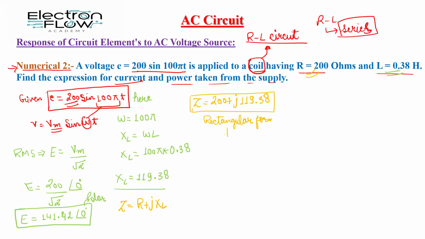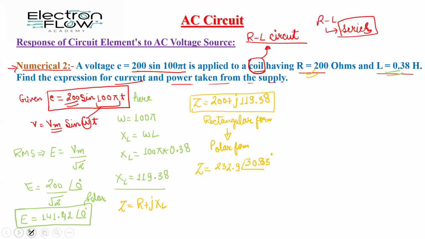Now we need to transform this rectangular form into polar form. So we get the value of Z as 232.9 at an angle of 30.83 degree.